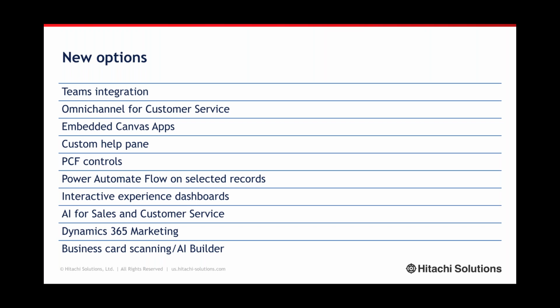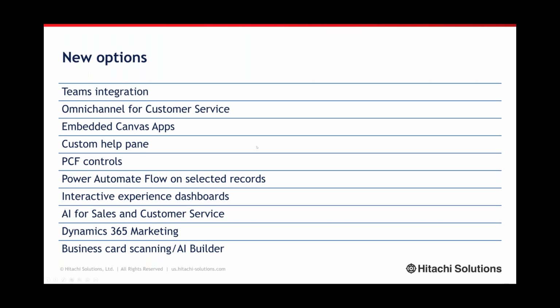Omnichannel for customer service is the next generation of customer service that includes digital messaging, chat, and chat bots. Then Power Apps. Your license includes Power Apps, so we can embed them inside Dynamics for wizards, conditional formatting, accessing the 300 plus connectors. I'm not going to go into all these.